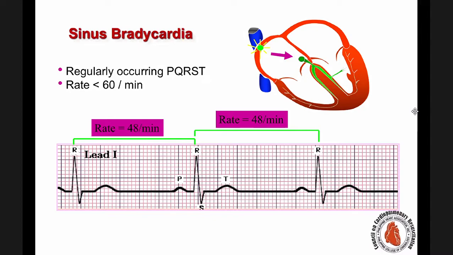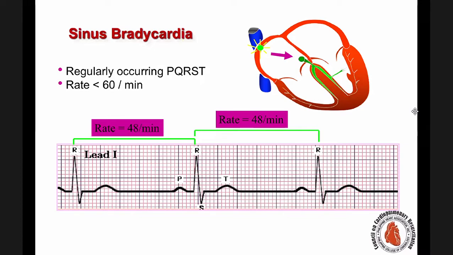That's why they don't need a fast heart rate, since their stroke volume is large. That's why they are bradycardic. So that's normal for them. Some people just have a heart rate of 55 beats per minute.